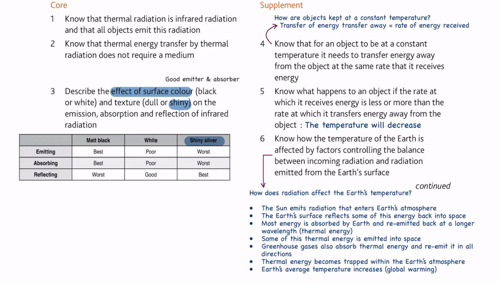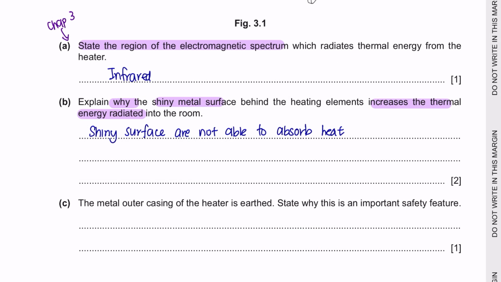Shiny surfaces are very good at reflecting heat and very bad at absorbing heat. So for the first point, you can say that they are not able to absorb heat which is radiated in the room, and when they reflect back the heat, a lot of heat will be reflected into the room, which causes the thermal energy inside the room to increase.